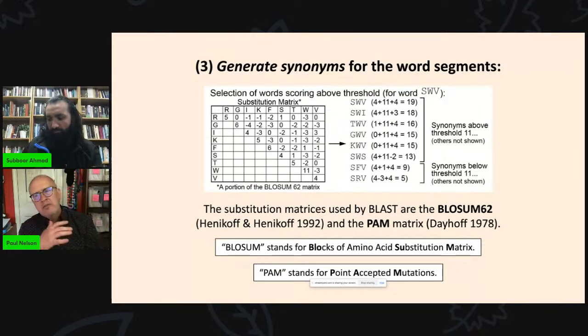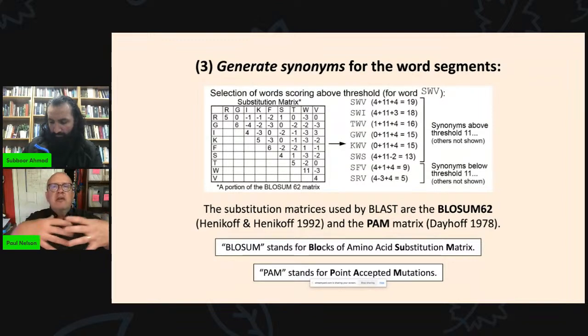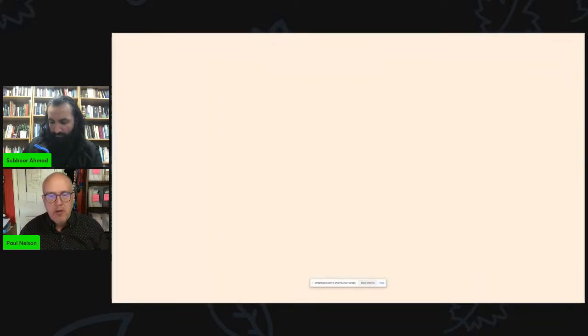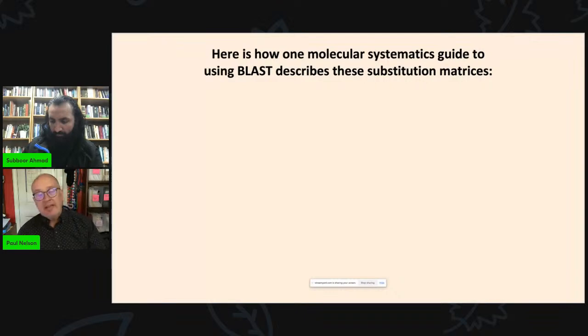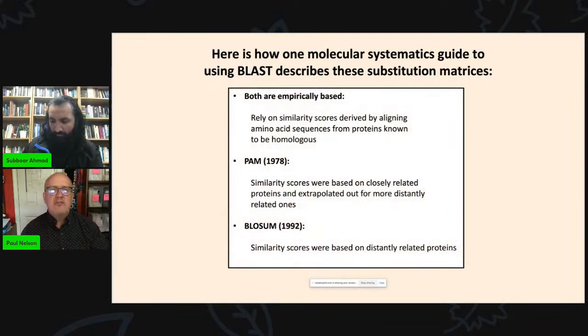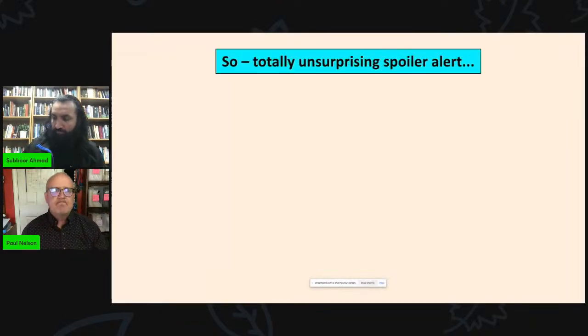And there are in the substitution matrices, there are penalties assigned depending on which amino acid is being substituted. In any case, this allows you to expand your search space and catch more homologs. So I'm going to skip that slide.